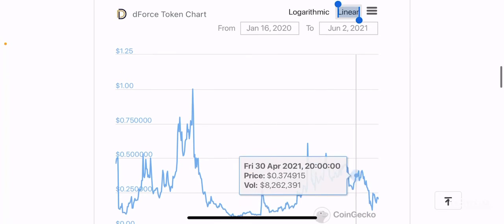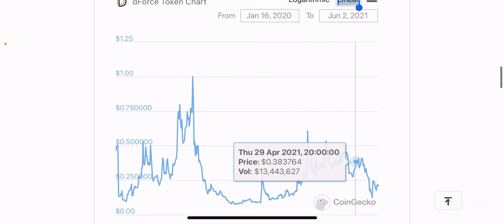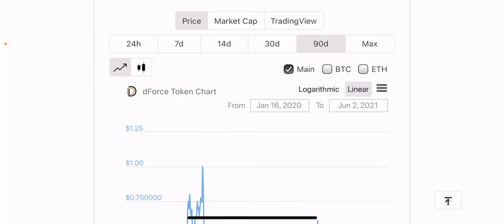Especially retesting the $1 mark and then making slightly more gains, and retracing back immediately. So based on that, I would say this token is a really good short-term hold because of its fluctuations. But I wouldn't personally hold this token for the long term, but it is something interesting that you guys can look into, right? If you want to invest in this token for the long term.